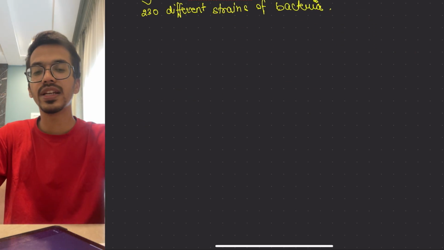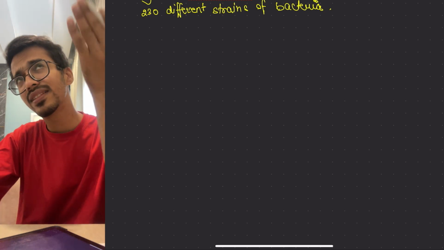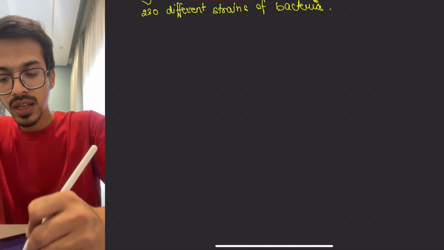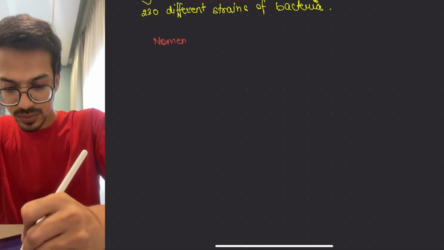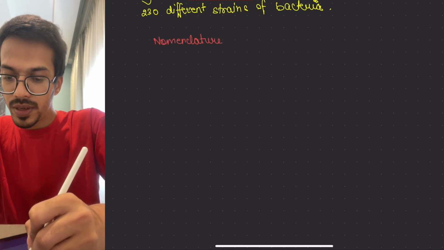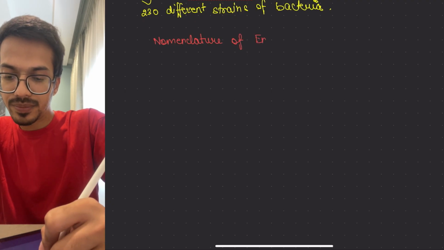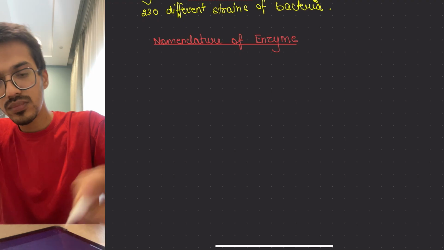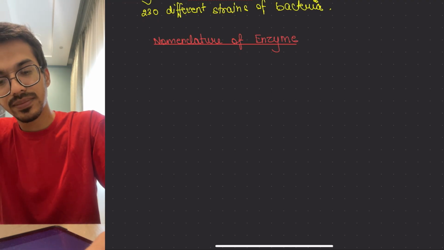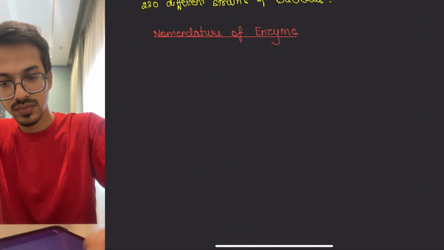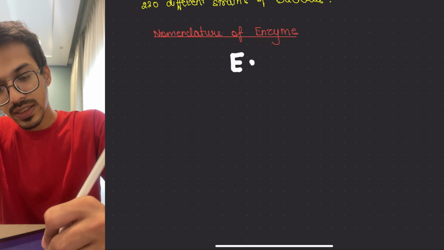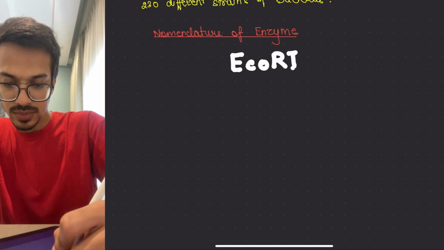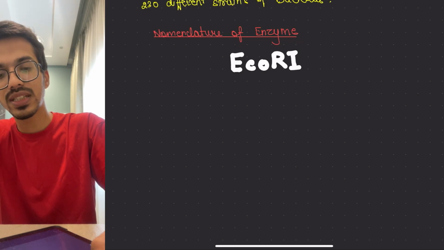Next comes the nomenclature, where we will understand why we said HindII and not HindI if it's the first. So, nomenclature of enzymes. For example, this is EcoRI, one such enzyme.